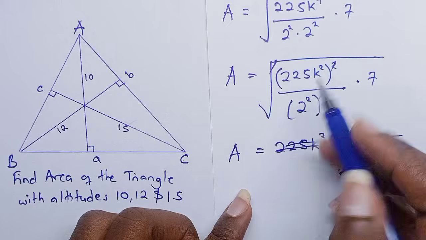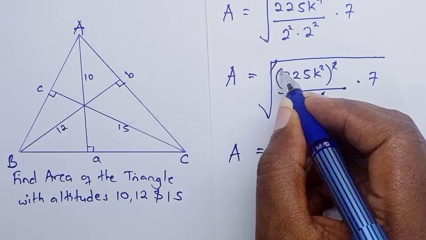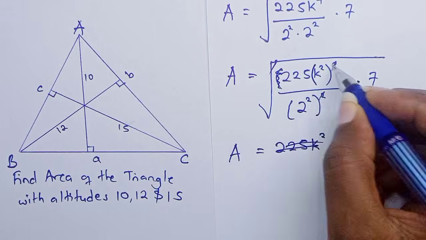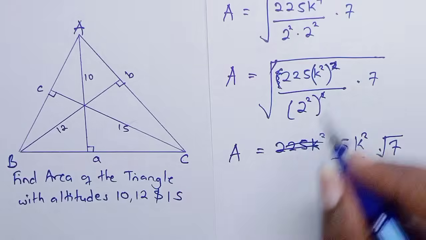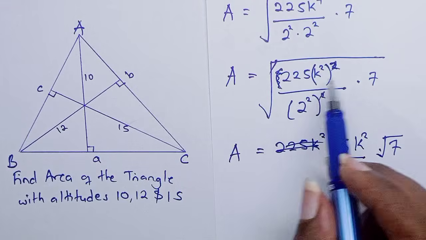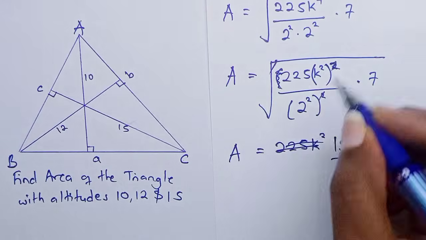You don't have to make a mistake here. This square is only on the k. So k squared squared. So you have to find the square root of 225 and then square root of k squared squared. So this square cancels the square root.